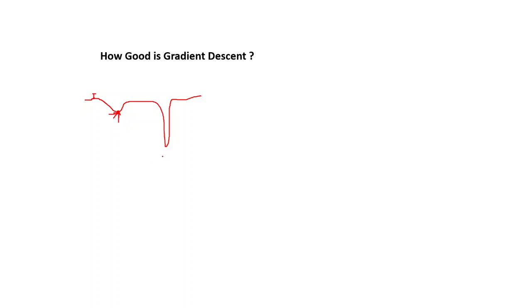Now, we know that this is not the actual minimum point, so this is known as the local minima. So instead of returning the true minimum value of the function, it might return a suboptimal solution in this case. So there are two minima.